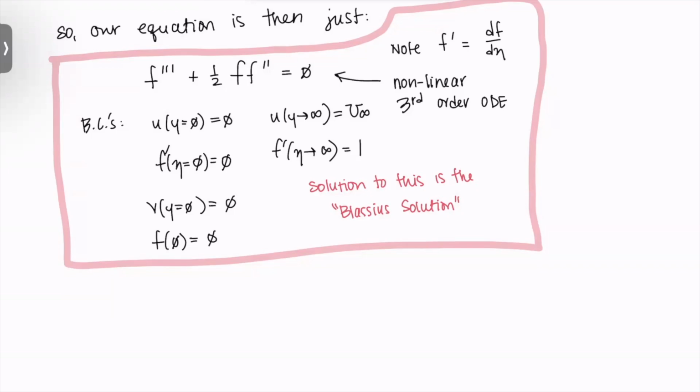Okay. And given this setup, we know that u of x and y normalized by U infinity is equal to f prime of eta.